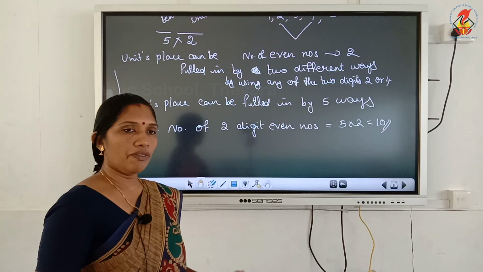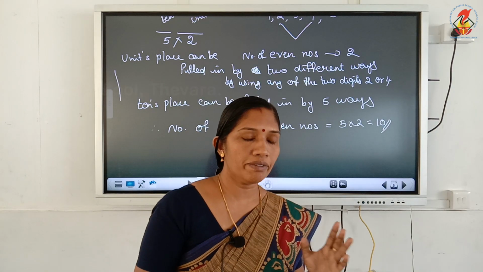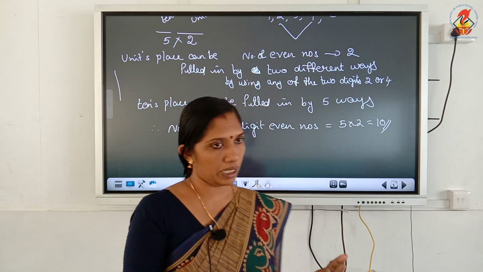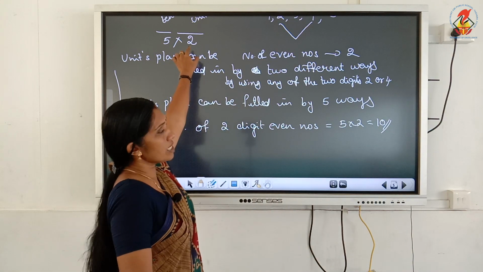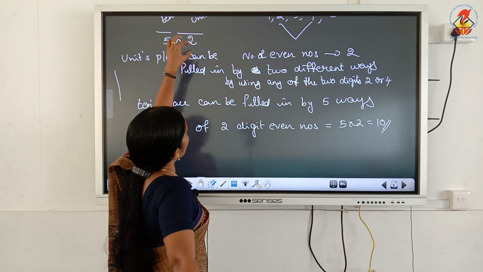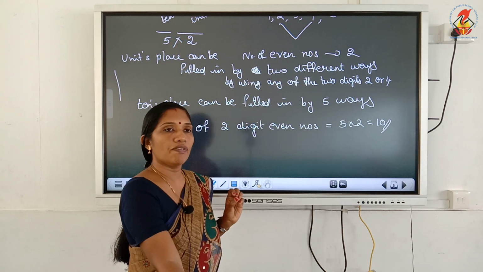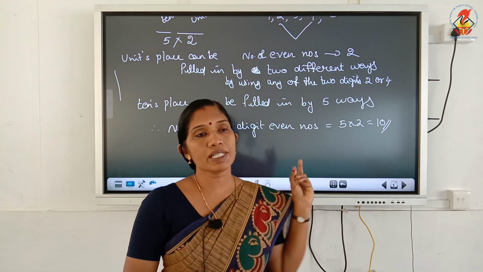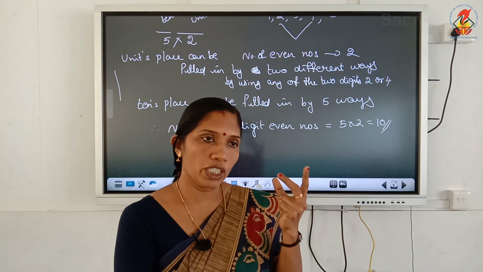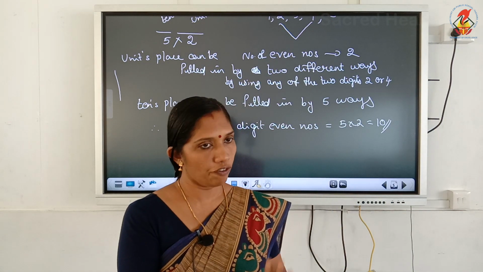Understood? Here 1, 2, 3, 4, 5, 5 digits are given. We have to form a 2-digit even number. So, you have to fill first the unit place or ones place, then the tens place. The ones place can be filled in 2 different ways since among the given digits only 2 are even, 2 and 4.